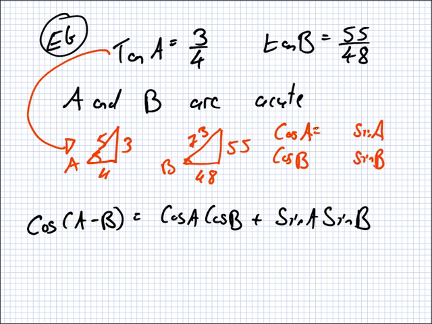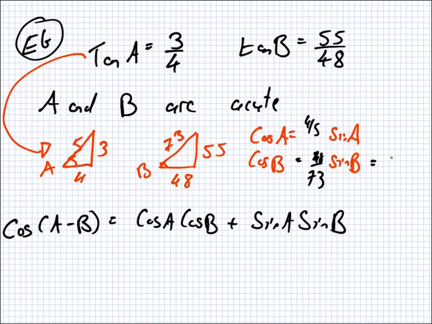Cos A will be 4 over 5. Cos B is 48 over 73. Sine B is 55 over 73. And sine A is 3 over 5.